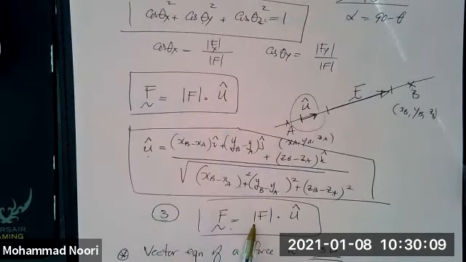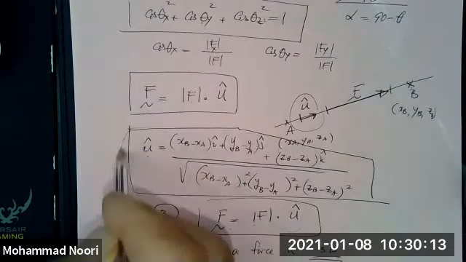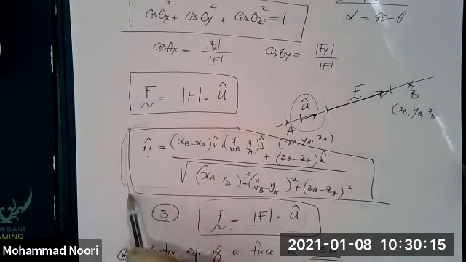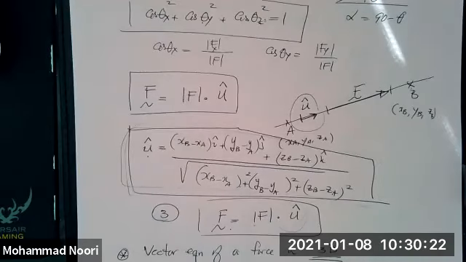In other words, the magnitude of the force that is given times the unit vector, where the unit vector is found using this. Exactly, that's only the case where you have a force described by the coordinates of 2 points given along that direction. I'm going to do some problems to demonstrate the application. Any other questions?